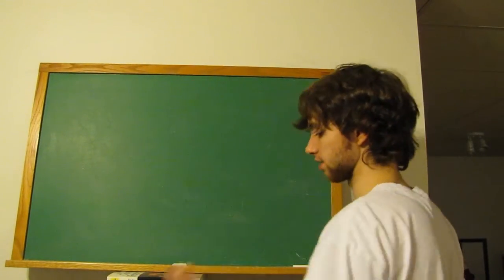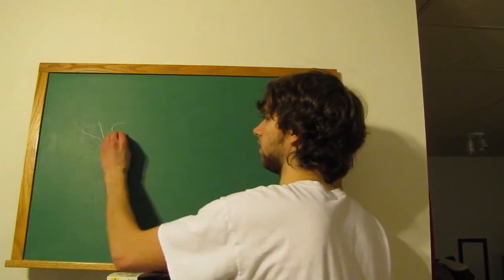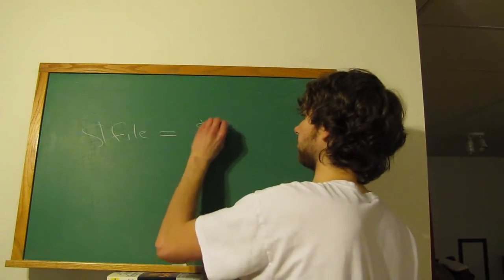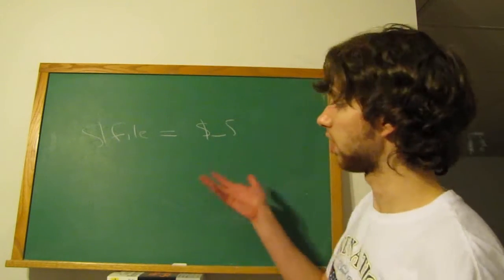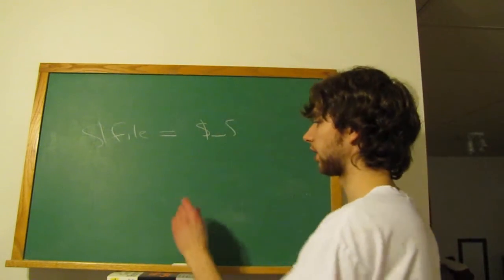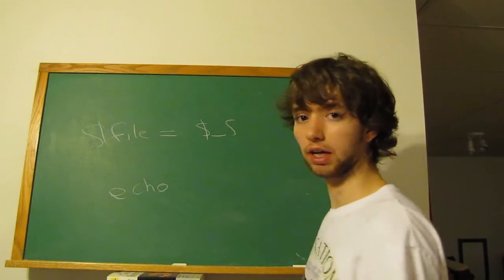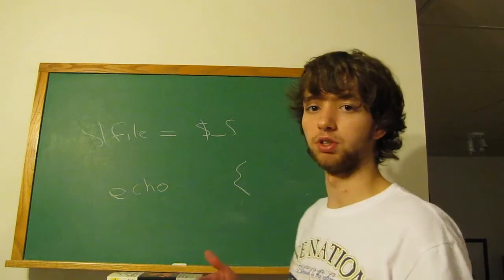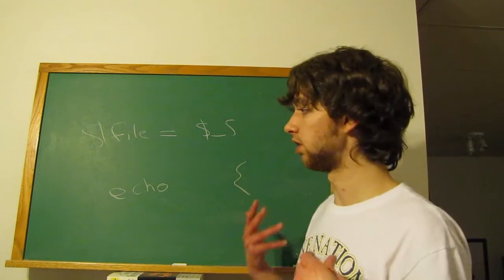Another thing is the reason we can assign these to different variables. Like earlier we did file, and then we assigned it the value of server and then the file name thing. Well, this is because when you're echoing it out, you can echo it out directly. Just remember that you will need to use the curly braces when using an associative array, and we talked about that when we talked about associative arrays.